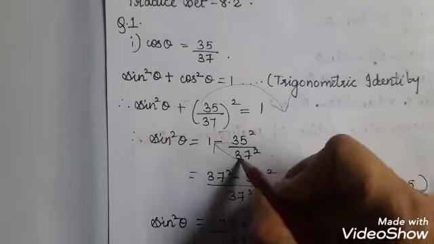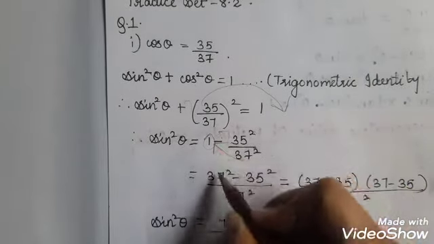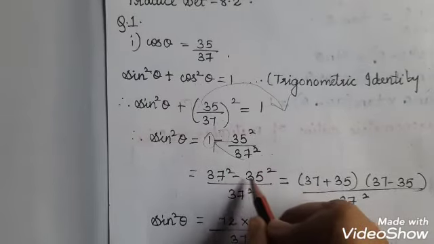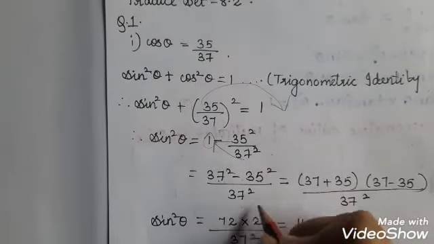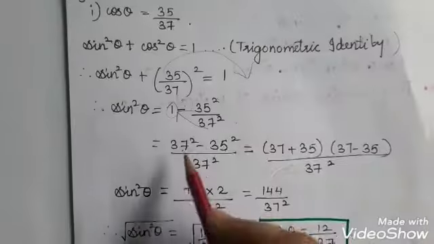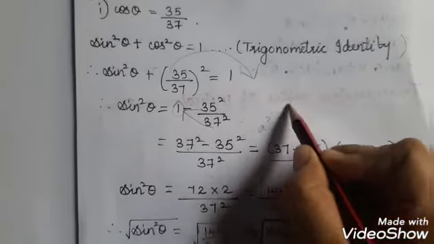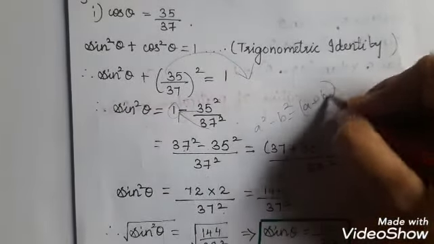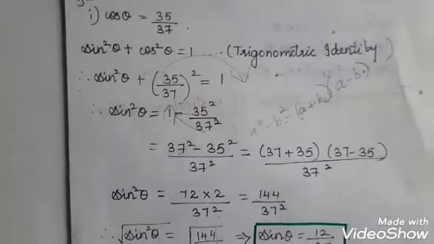So this 37 I multiply to 1 over here. So 37 ones are 37. So 37 square minus 35 square, the whole upon 37 square. Now this is in the form of a square minus b square. So the formula for a square minus b square is a plus b bracket a minus b.